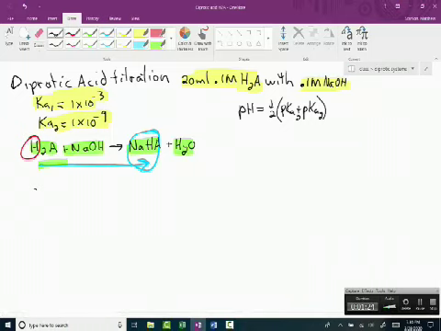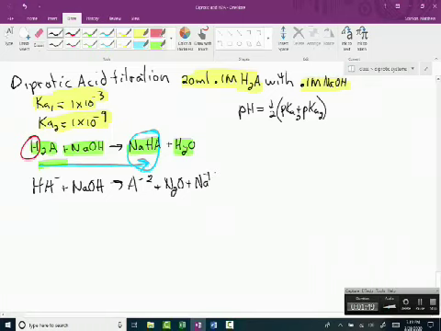Then we'll do the second reaction, which is HA minus plus sodium hydroxide to give us A minus 2 plus H2O, and I still have a sodium in there. So my first equivalence point is going to be the volume of sodium hydroxide needed to get all this first reaction to go.